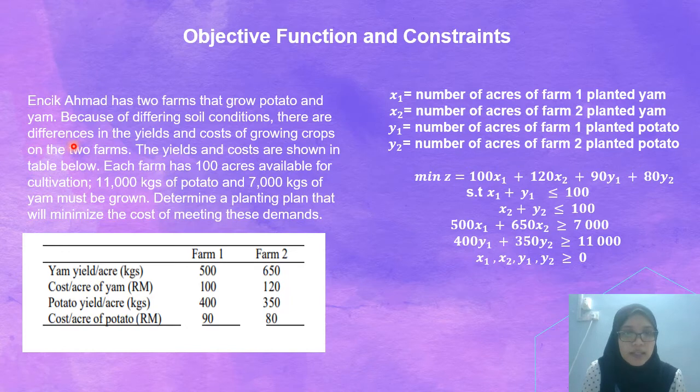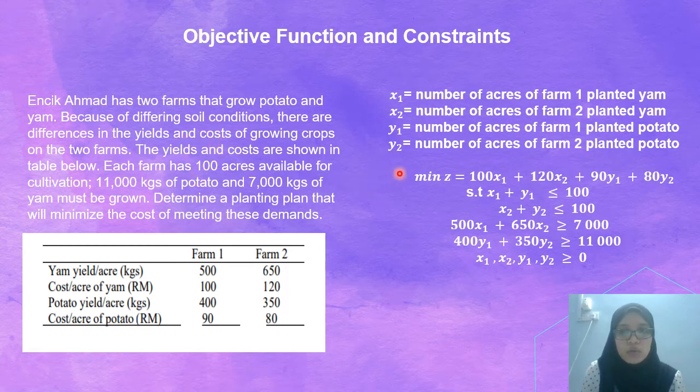And then it says again that 11,000 kg of potato must be grown, so it must be more than or equal to 11,000 kg of potato and more than or equal to 7,000 kg of yam must be grown. From the data, we know that the yam yield per acre is 500 at farm 1 and 650 at farm 2, and it must be bigger than or equal to 7,000.